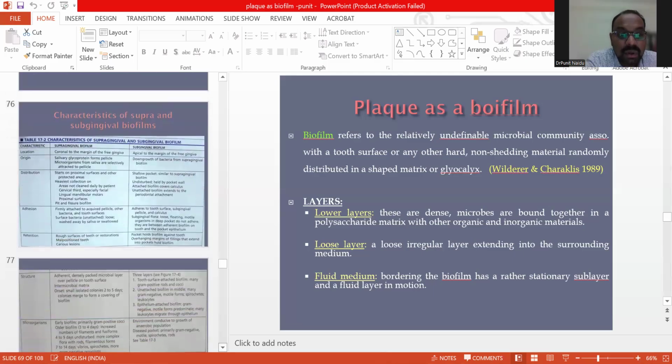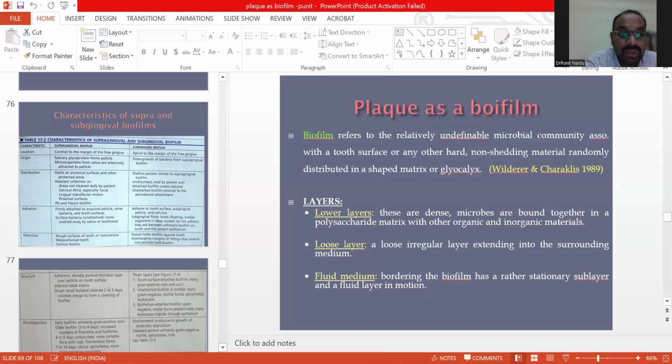The characteristics of supra and subgingival biofilms. The location of supragingival biofilm, as the name indicates, is coronal to the margin of free gingiva. The origin of supragingival biofilm is salivary glycoprotein forming pellicle. Microorganisms from the saliva are selectively attracted to the pellicle.